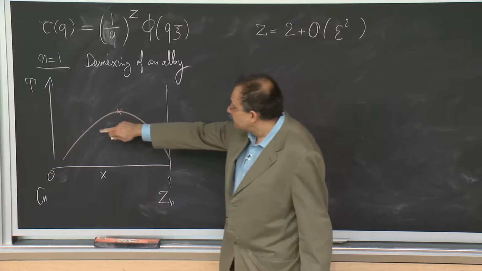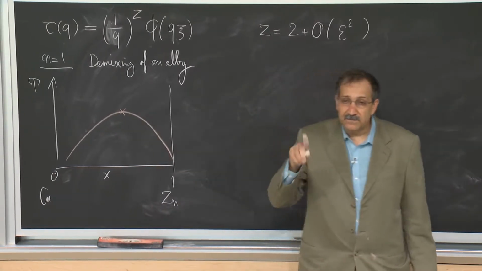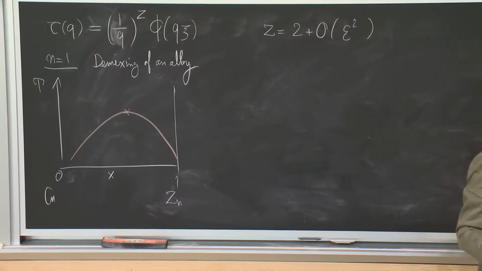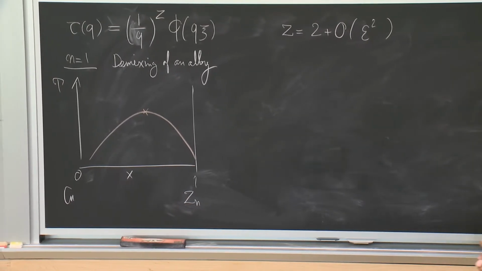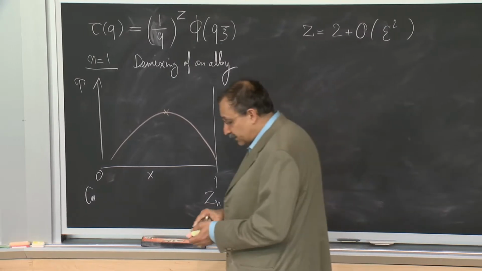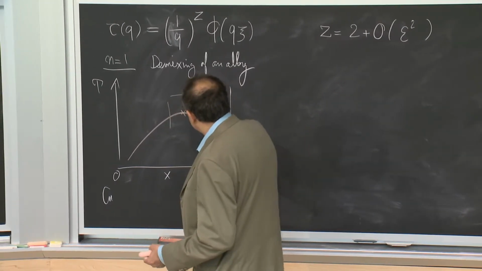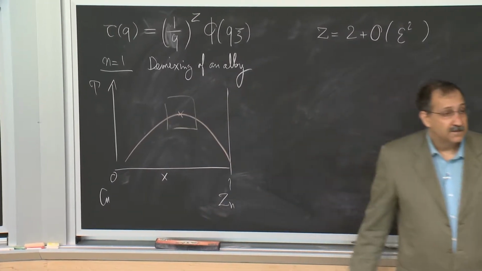For example, this curve would be characterized with an exponent beta, which would be the beta of the Ising model. Okay?